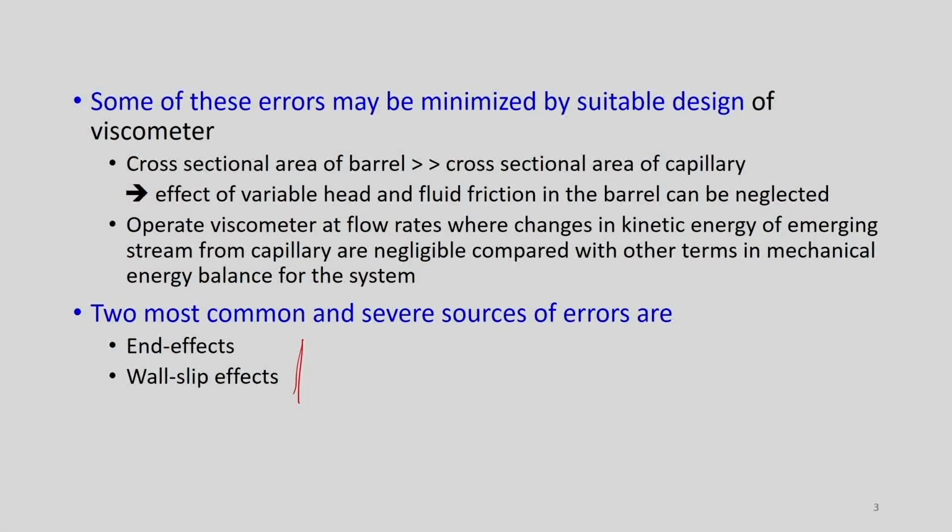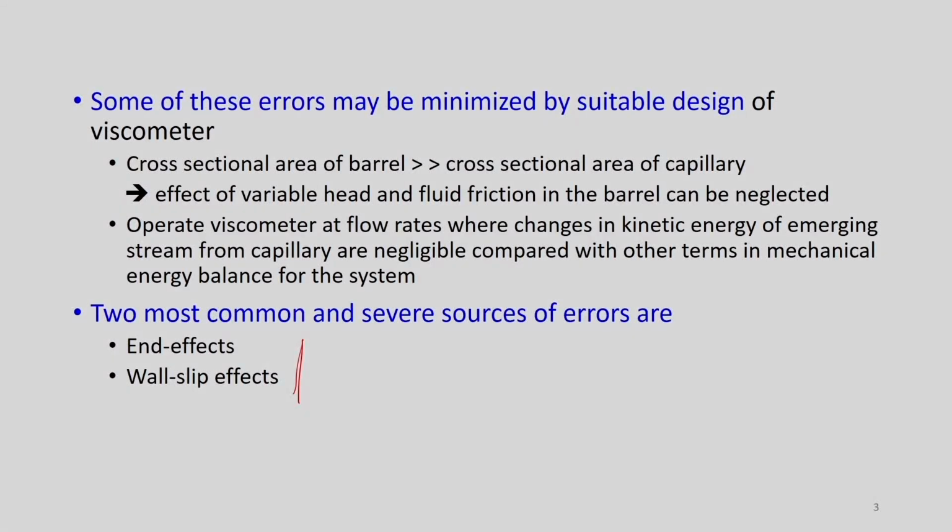And if you change the operating conditions, like operating the viscometer at flow rates where changes in kinetic energy of the emerging stream from the capillary are negligible compared with other terms in the mechanical energy balance for the system, then by operating at a smaller flow rate you can avoid the effect of kinetic energy losses.